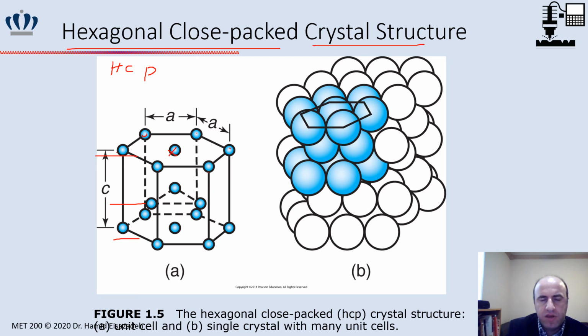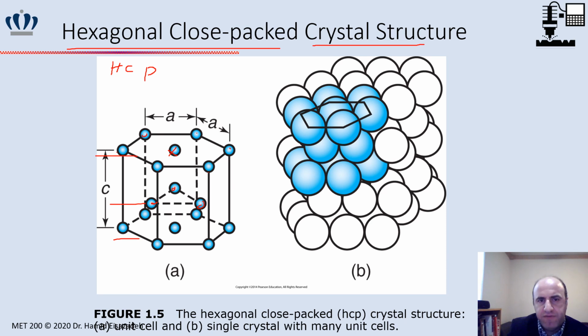The same thing is repeated on the bottom, the lower plane. But in the middle, we have 3 full atoms within the unit cell. If we do some simple calculation, we can find that the number of atoms within this unit is going to be more than any other unit cell we described, FCC and BCC.